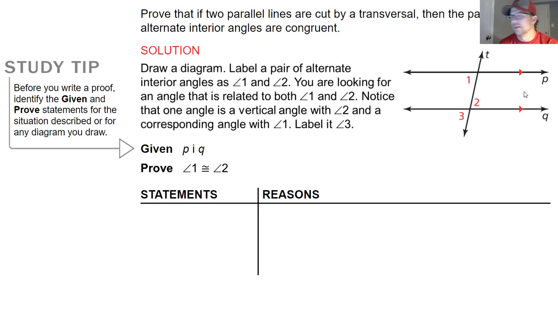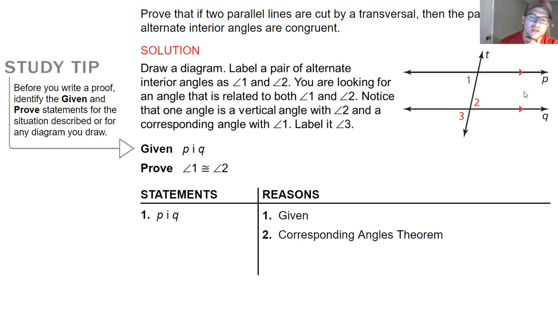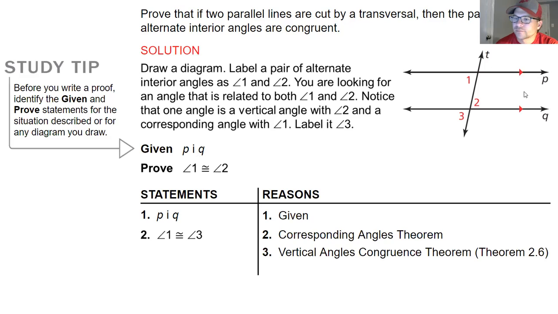So again, two column proof, statements on the left, reasons on the right. Always start with your given as the first statement and reason. We are given that line P is parallel to line Q. Then we are using the corresponding angles theorem, which we were already given, to prove that angle 1 is congruent to angle 3.